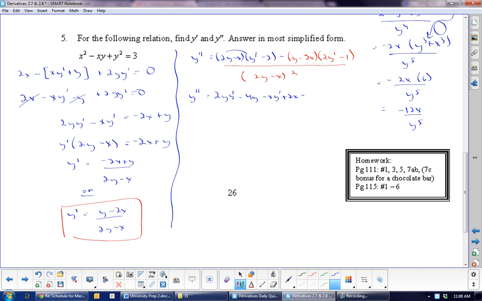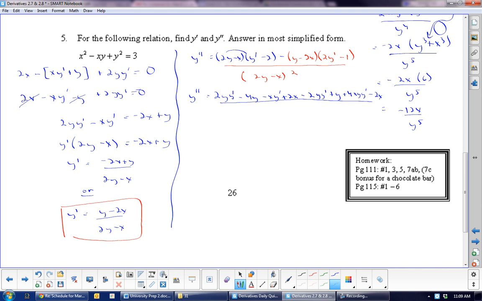So this would be minus 2y y prime, minus y, should be plus y, yep. And then plus 4x y prime, okay, I got 3 negatives going here, so that's minus 2x.